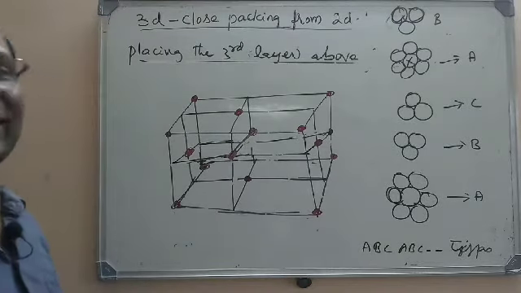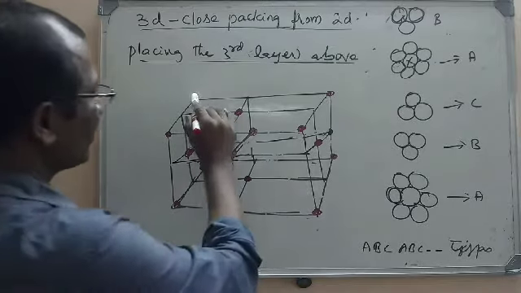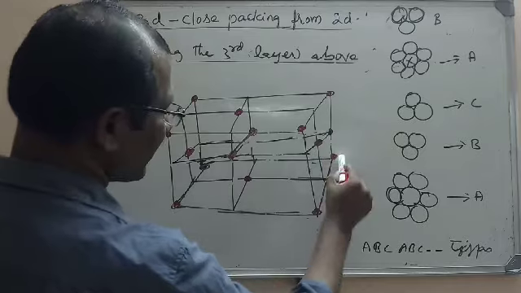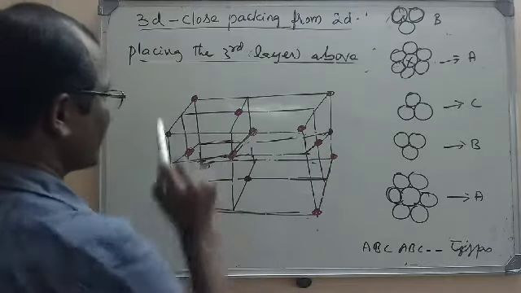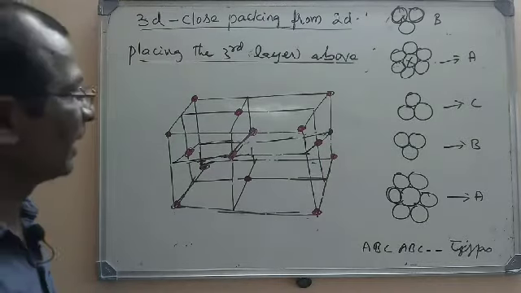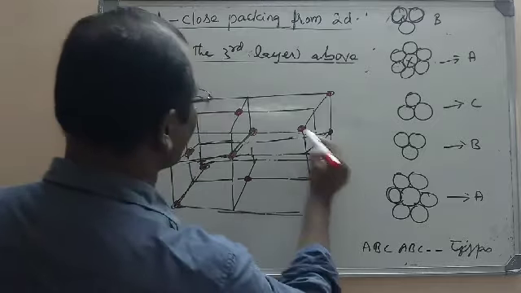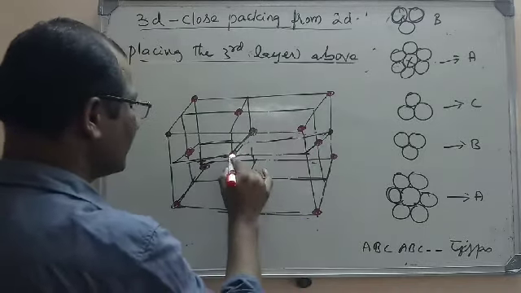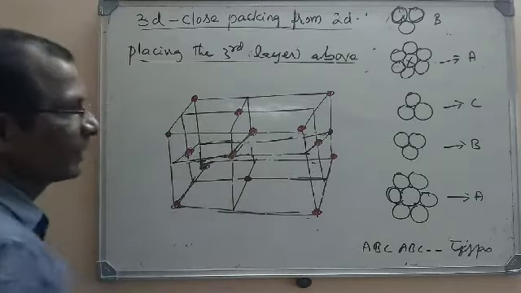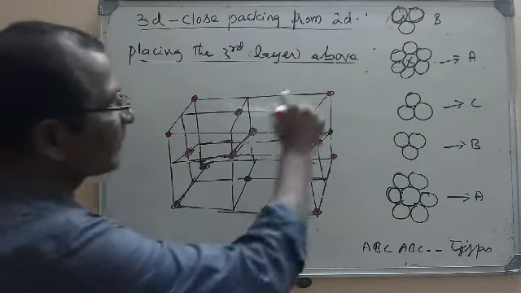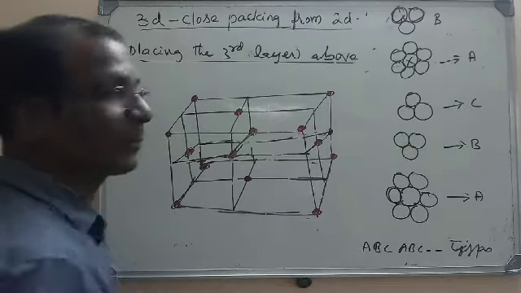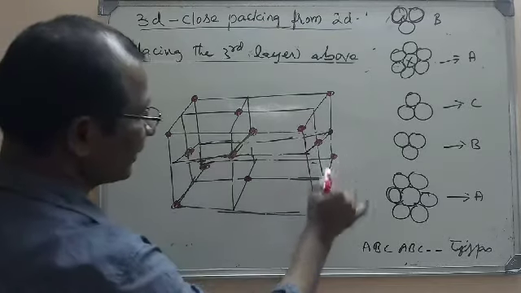Look here, if you observe this one, let us imagine it to be a unit cell here. 8 points are occupied by the 8 atoms at 8 corners, and this is the center of one face, this is the center of the other face, this is the center of the other face, and this is the center of one more face. So that means 6 faces, we have 6 points, 8 corners 8 points.